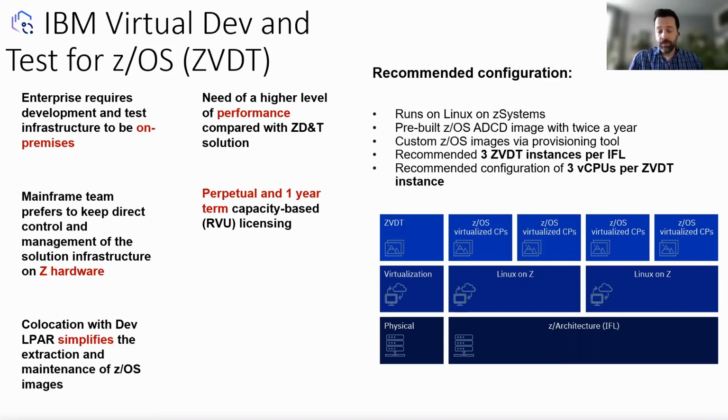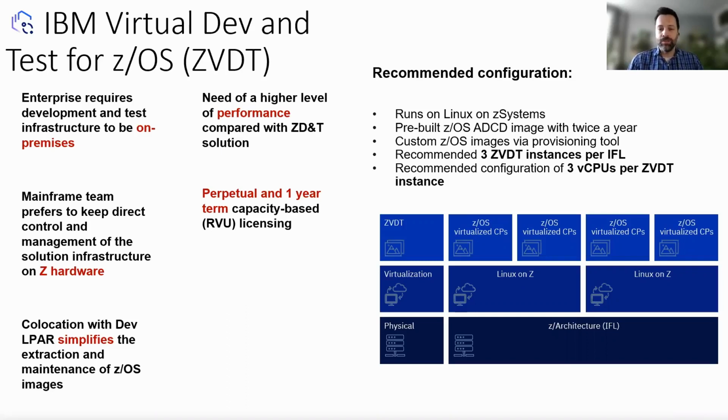Now, the major difference between the 2 that I just mentioned, Sandbox and ZD&T, compared to ZVDT, is that because we're running on real Z hardware, we don't need to emulate the processing, so we can go directly to the physical processor of the Z machine, and as a result, performance is quite a bit better. On x86, if you've got to take Z instructions and convert them to x86, there's a performance penalty, and it's even worse when you have Java on top of that, where you convert Java bytecode to Z and then Z to x86.